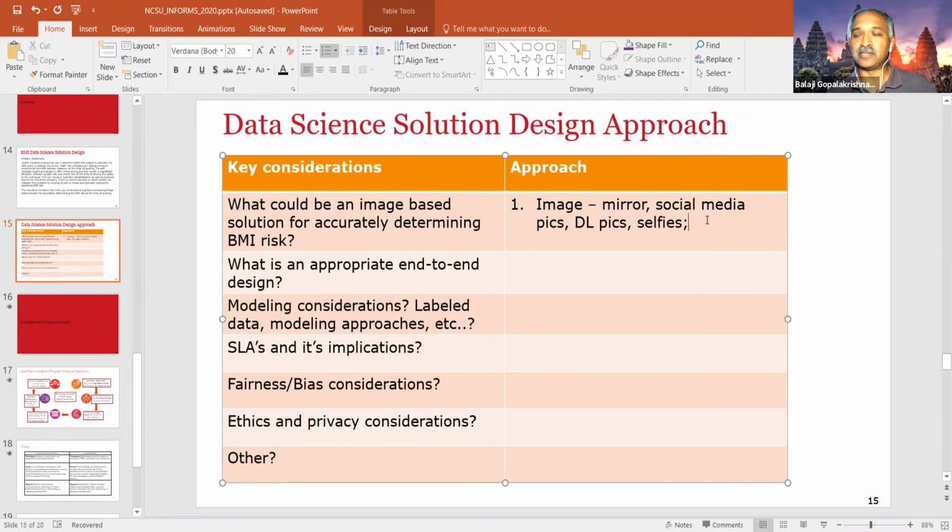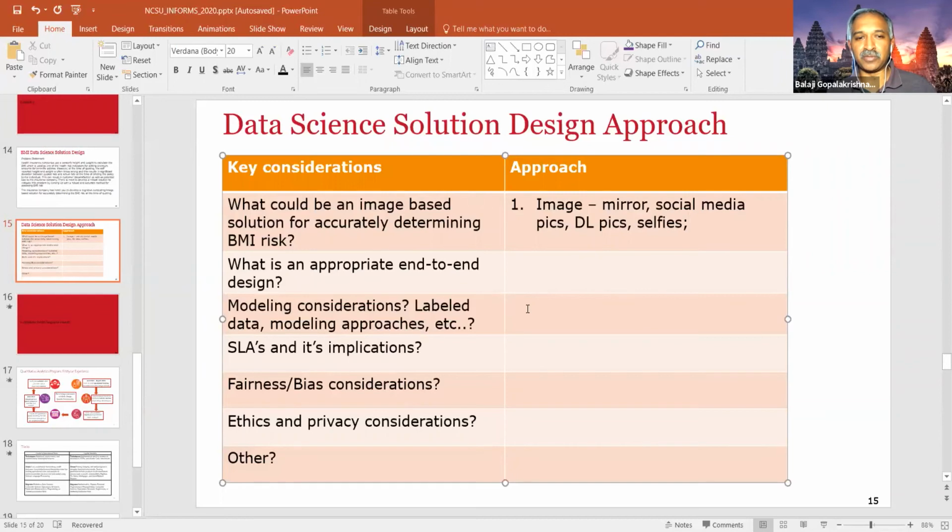Any other thoughts from anyone in terms of image-based solution? We talked about the selfie solution as well, just because it's a lot easier for customers to do. Rather than trying to get a picture in a mirror that contains your entire body, you might even need someone else to take that picture. But everyone can hold their phone at arm's length and take a selfie. That's right.